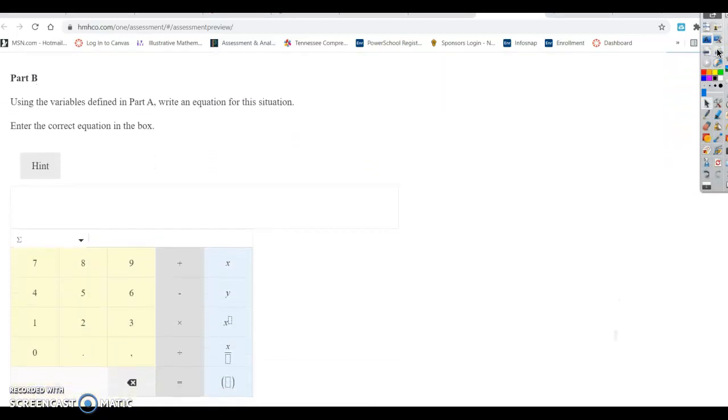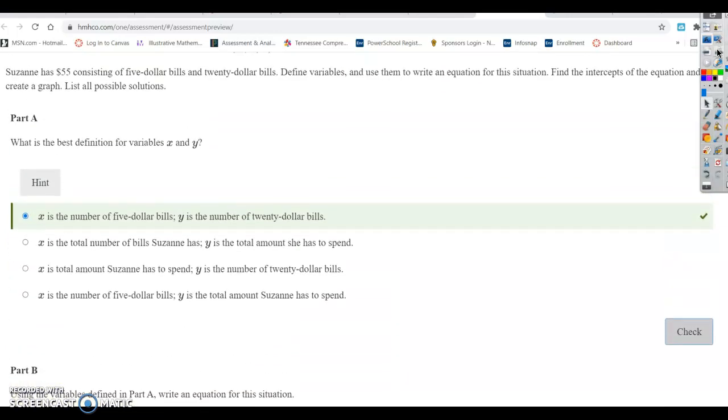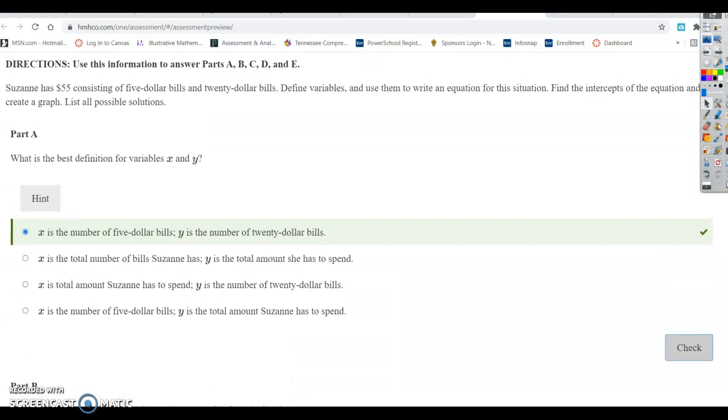It says use the variables defined in part A to write an equation for this situation. So let's look at what we have. We're going to use X and Y again: X for 5s, Y for 20s, and we have a total of $55.